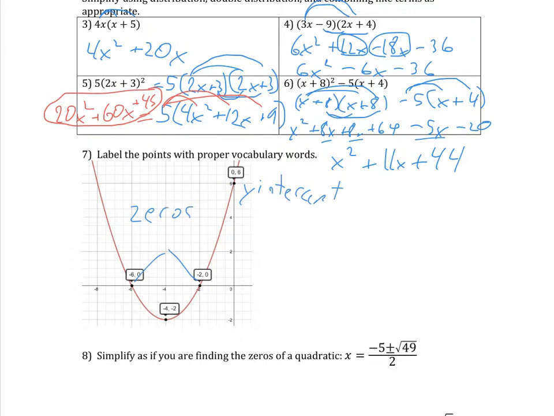We can call them the zeros, we can call them the roots, we can call them the x-intercepts, whatever you want to call them. We call them all 3 of those things depending on how we feel that day as math teachers. And finally, this bottom part is the vertex. Remember, the vertex is the lowest or highest point of a parabola. Moving on.